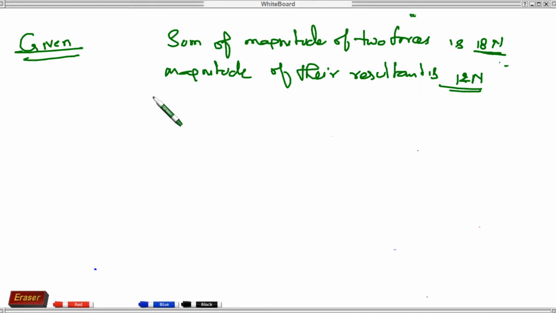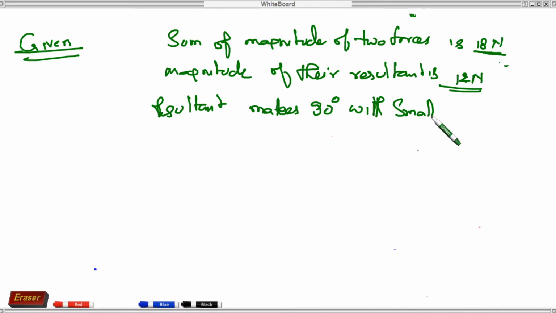It is also given that the resultant makes 90 degrees with the smaller force. So these three things are given.